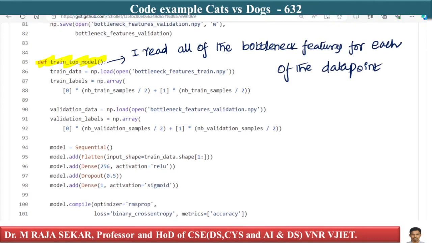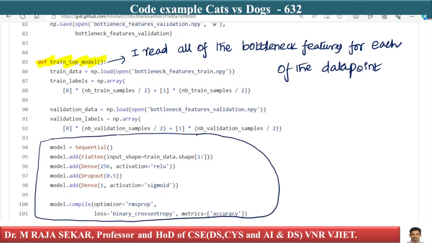The other function is train_top_model, where I read all of the bottleneck features for each of the data points. Then I build a simple multi-layer perceptron on top of it.